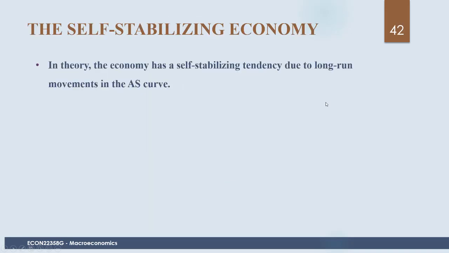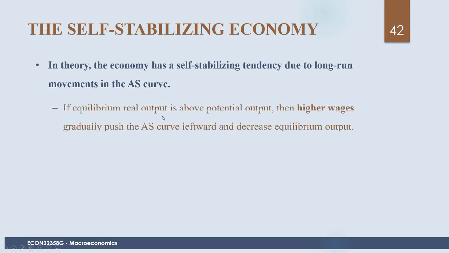So in theory, the economy has a self-stabilizing tendency due to long-run movements in the aggregate supply curve. If you think about being in a deep recession, then the economy will eventually self-adjust because wages should eventually fall.